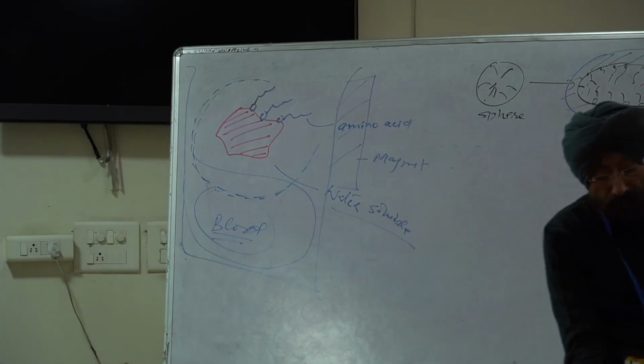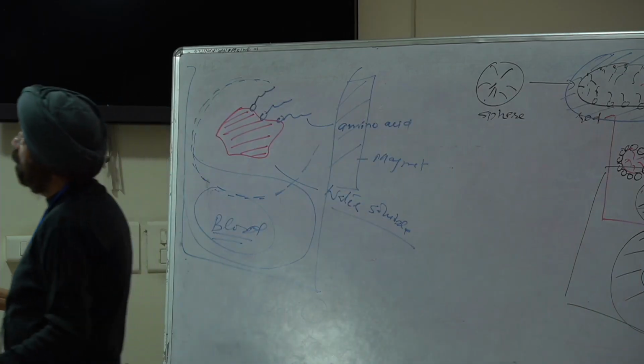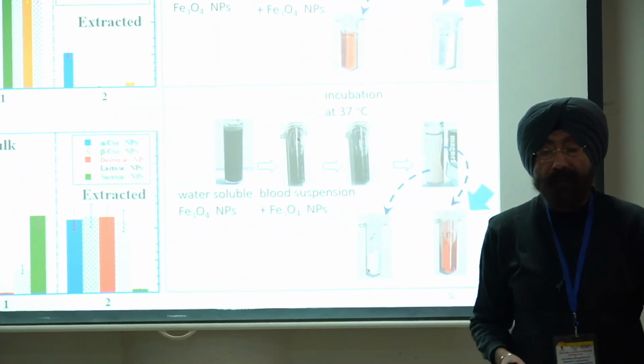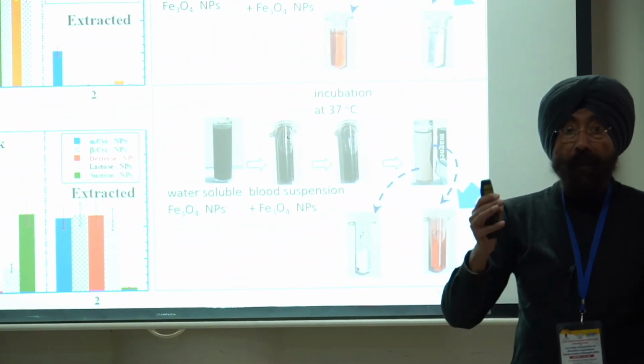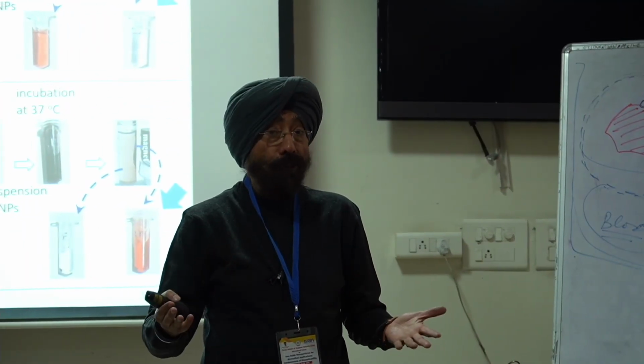And the blood cells should remain intact, they should not break. So here are the results. We detect the breaking of the blood cell from the hemolysis. How much hemoglobin protein has oozed out in the solution?